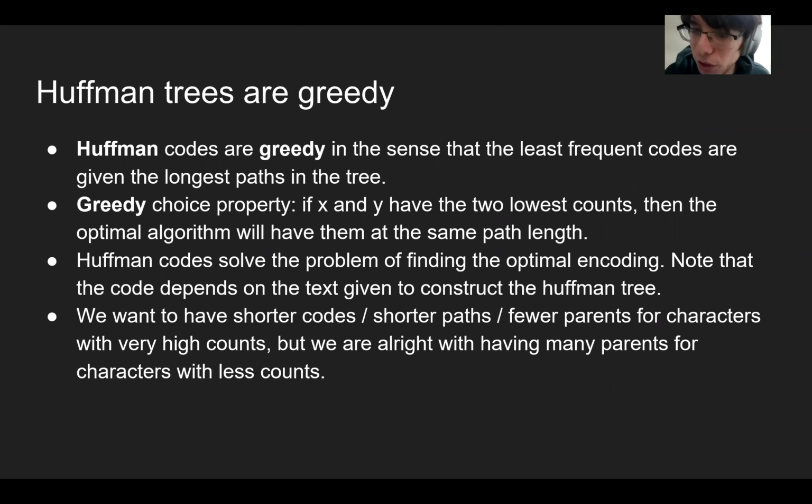We'll see what the greedy approach is that allows us to have this property. The greedy choice property is: if X and Y have the two lowest counts of any of the counts, then the optimal algorithm is just going to have them at the same depth. And it solves the problem of finding the optimal encoding.